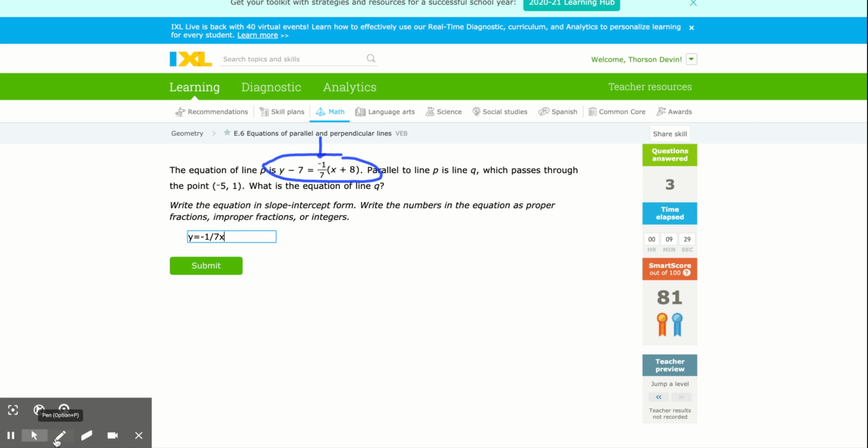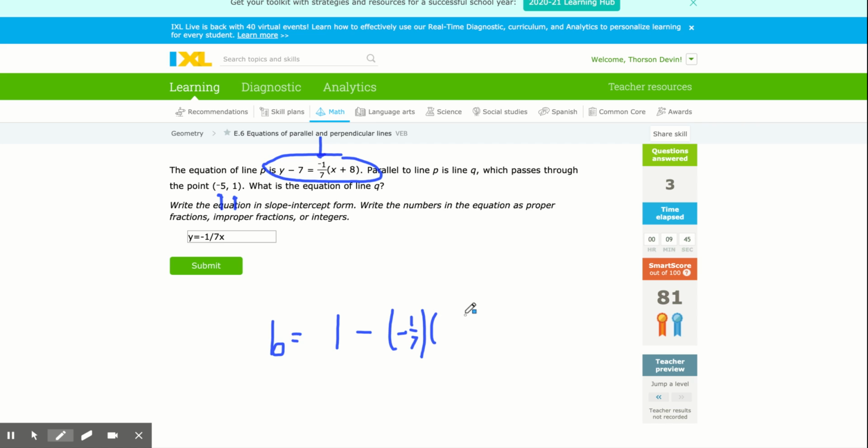Now I'm going to use my point here, this x1 value, this y1 value, to find my b. B is equal to y1, which was 1, minus, what's my slope? Slope was -1/7 times my x value. What's my x value? -5. It's over here, right?